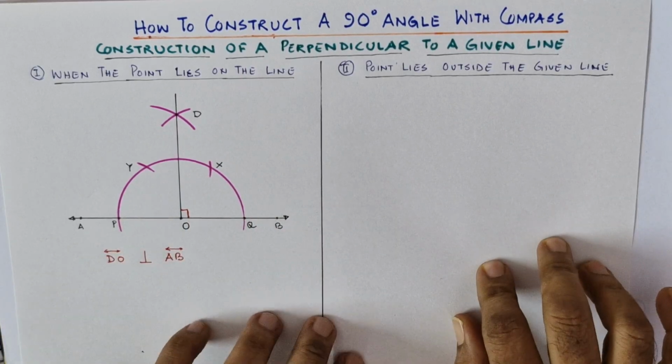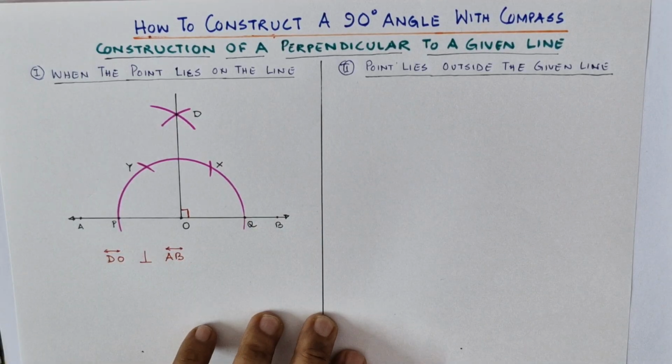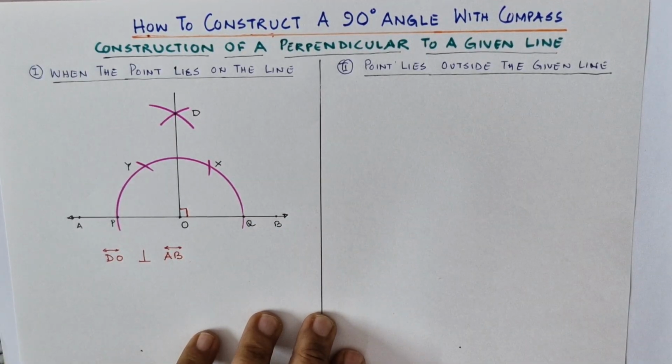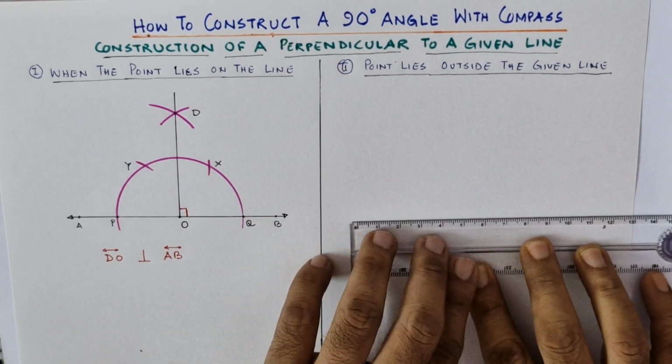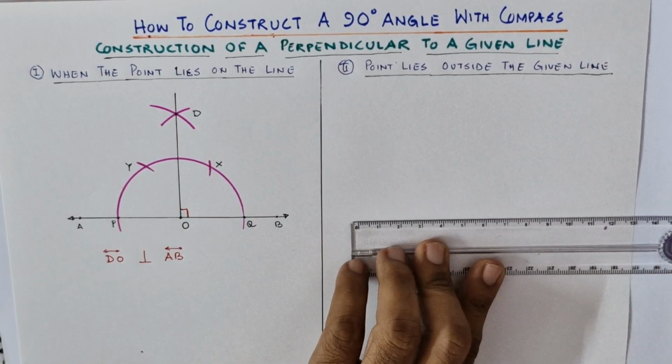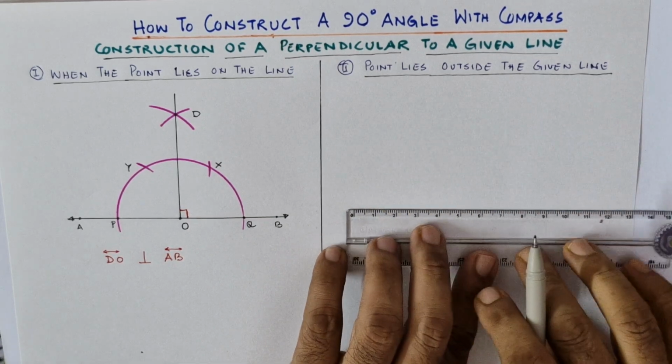Now let's see if the point lies outside the given line. So let's again draw a line segment here. Very simple.